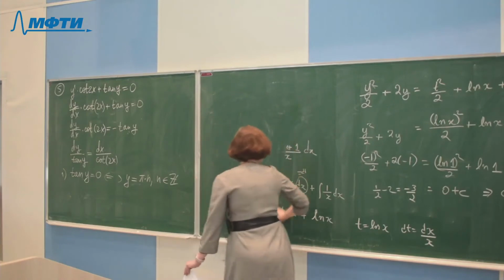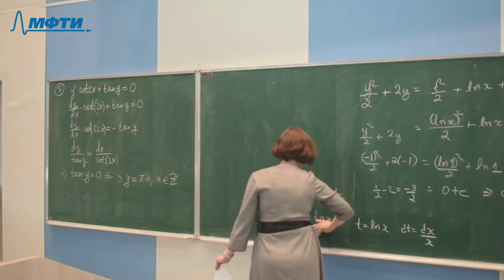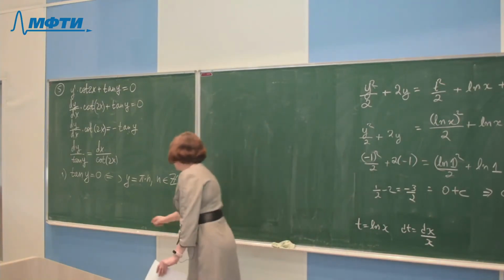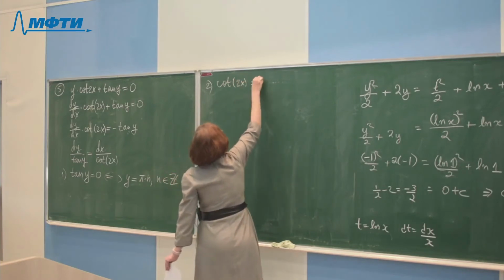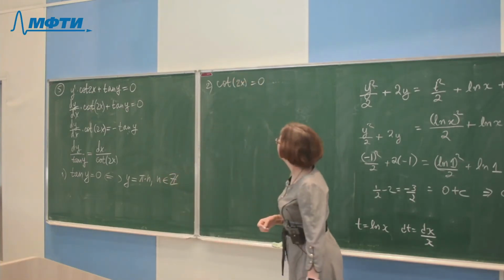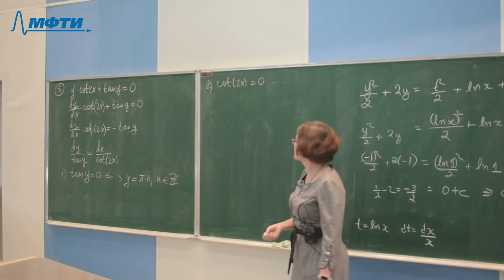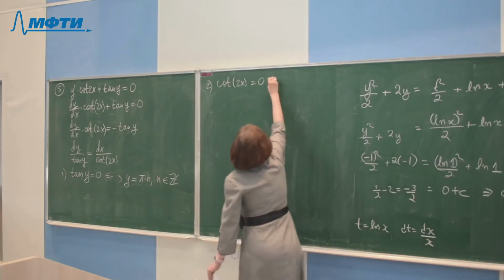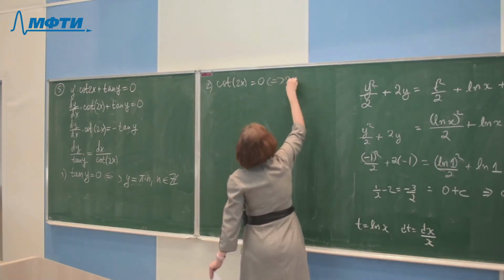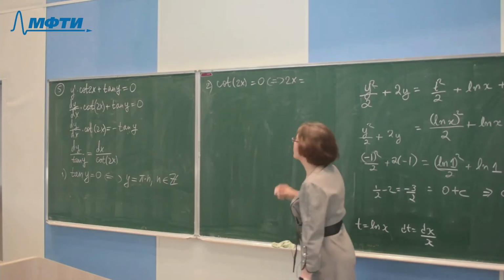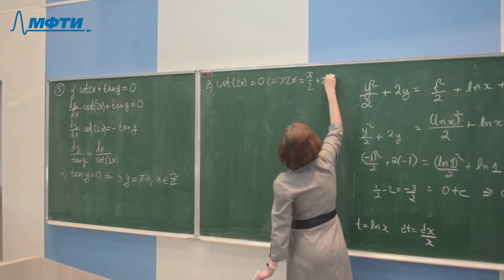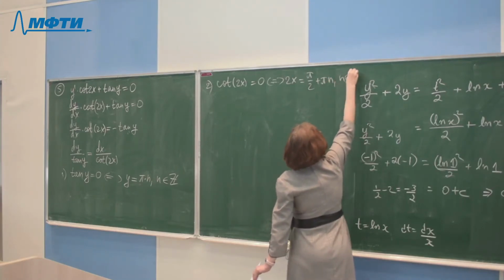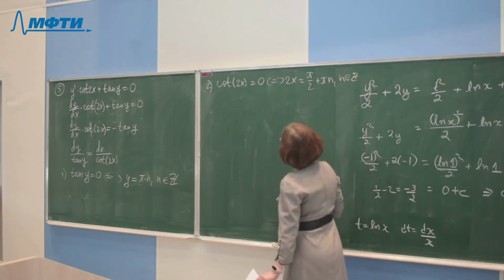And now let's consider the second case. What shall we do if cos 2x equals 0? So this is of course possible, right? This means that 2x equals pi half plus pi n, where n is an integer number.